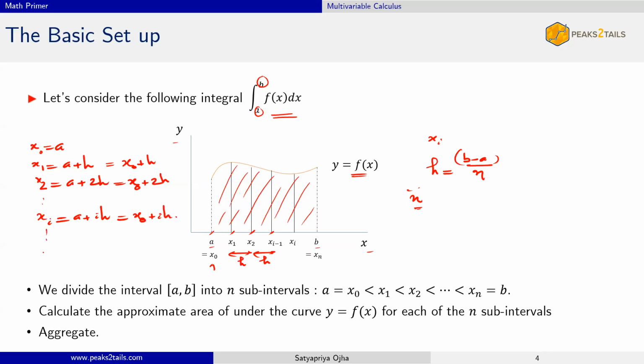And it goes on, and the final coordinate xn, which is nothing but b, is given as x0 plus nh. If you put h equal to (b minus a) by n here, then you actually get back b. You can just quickly verify that.